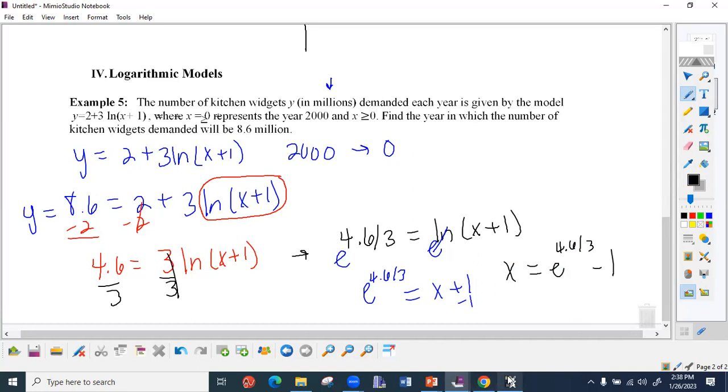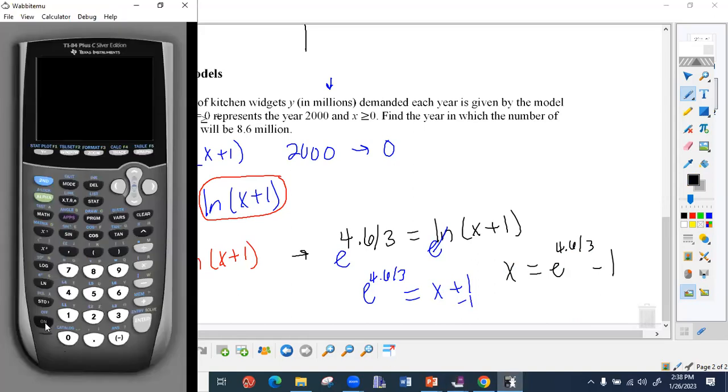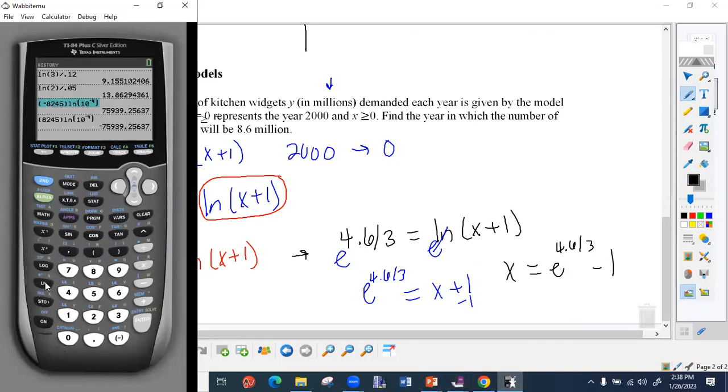No, I'm going to go to the calculator and input that. So putting into the calculator, I have second e, and I have 4.6 divided by 3, arrow out of the exponent, out of the power, minus 1.